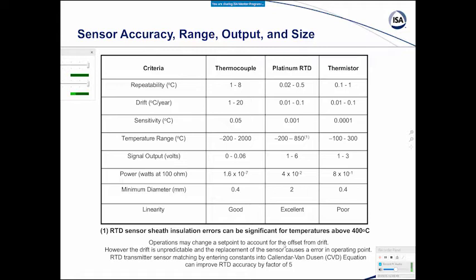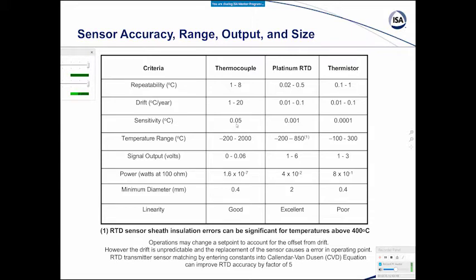But then what happens when that sensor has been changed or the drift changes? Well, now you have a problem in terms of what is the right set point, and you're always trying to play catch up at best through trial and error. Not a good situation. So the drift is unpredictable, and the replacement of the sensor causes an error in the operating point, particularly if you've changed the set point.